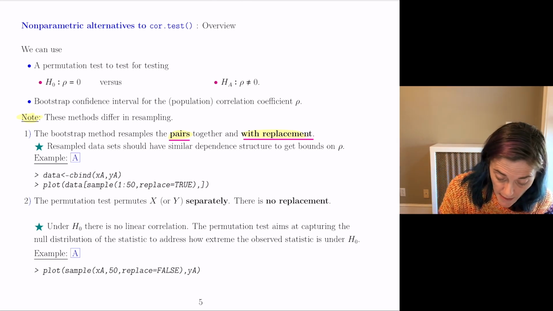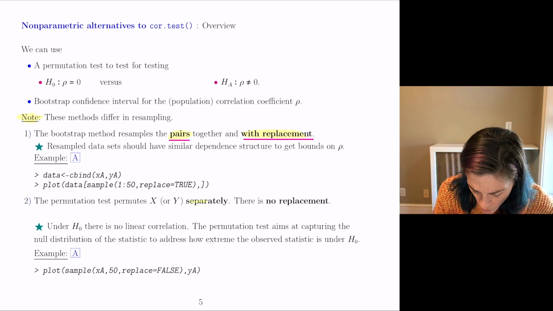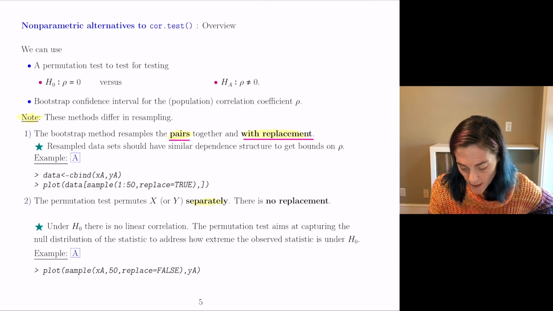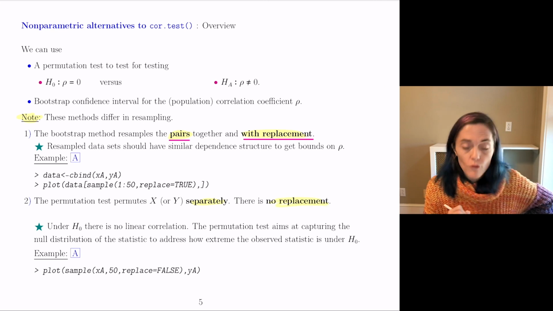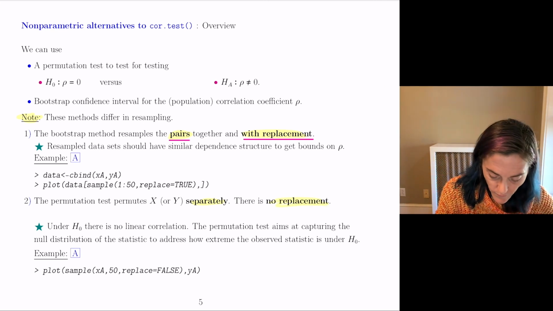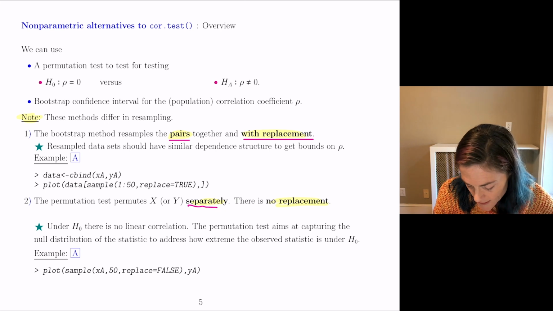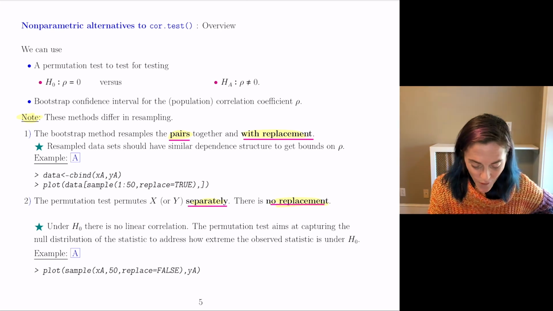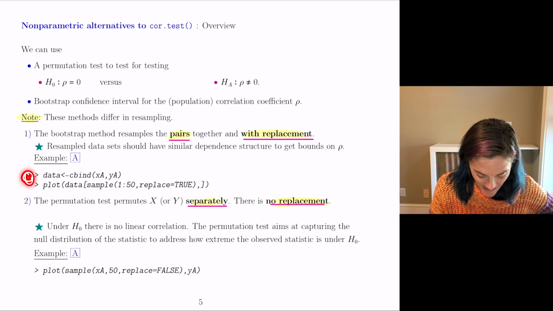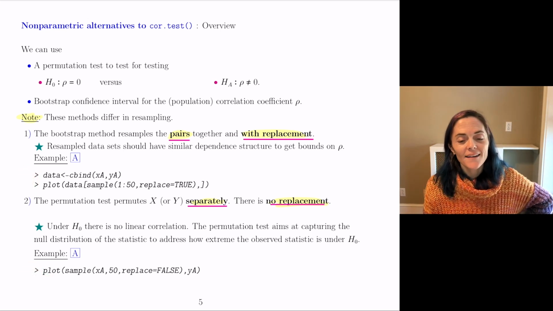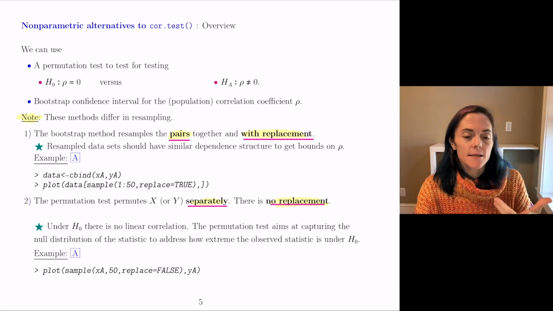What that means is in the permutation test, you will permute X or Y separately, and there is no replacement. So this is how the two really differ.